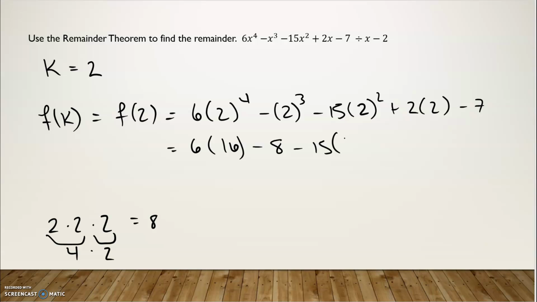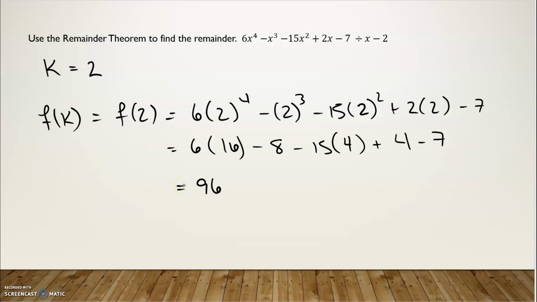Minus 15, 2 times 2 is 4. Plus 2 times 2, that's 4, minus 7. Then we've got 6 times 16, which is 96, minus 8, minus 15 times 4, that's 60, plus 4 minus 7. And that will give us 25.